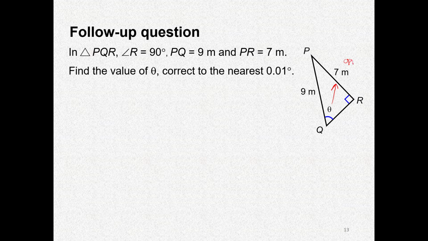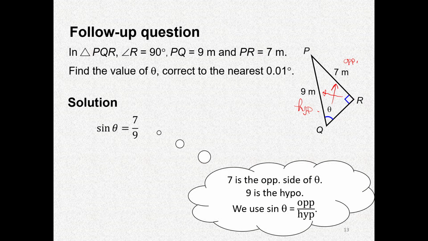So that means 7 is the opposite side. And 9 is opposite to the right angle. So 9 is the hypotenuse. So we can set up the equation like this. And then by using our calculator, we can solve for theta.